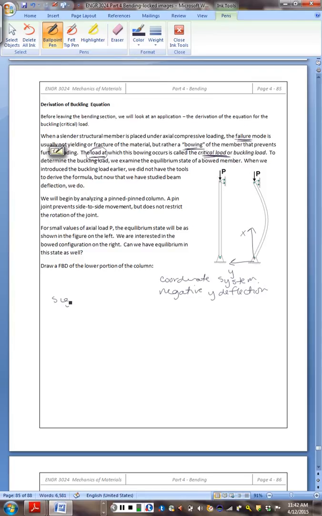So the sign convention is that the positive deflection V in the plus Y direction corresponds to a positive bending moment or tension on the bottom surface of the beam.